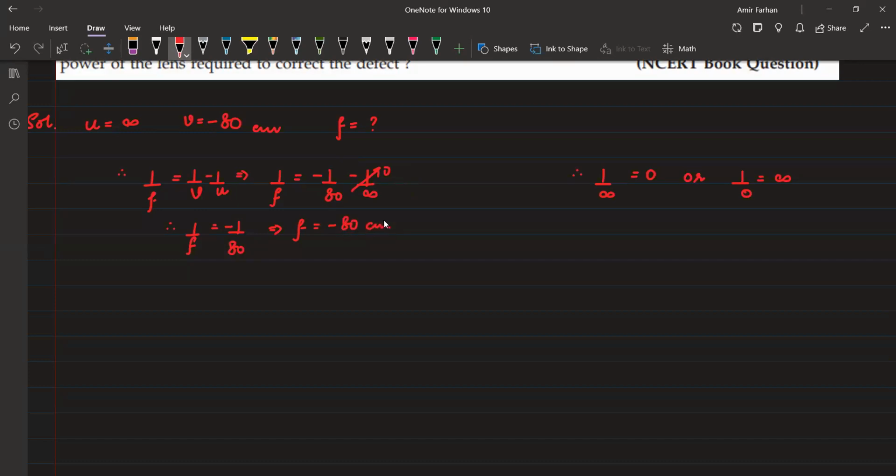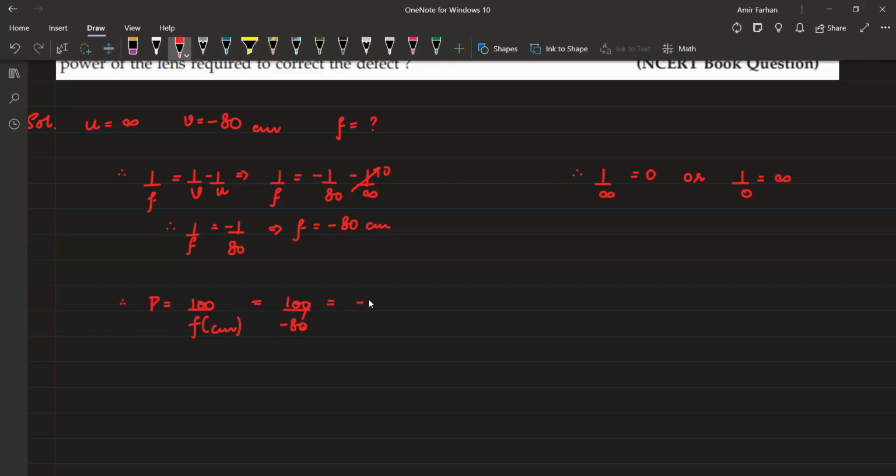Okay. So now I've told you the formula for the power of lens, that is P equals 100 by f if your f is in centimeter. So 100 divided by minus 80. The 0 will cancel.